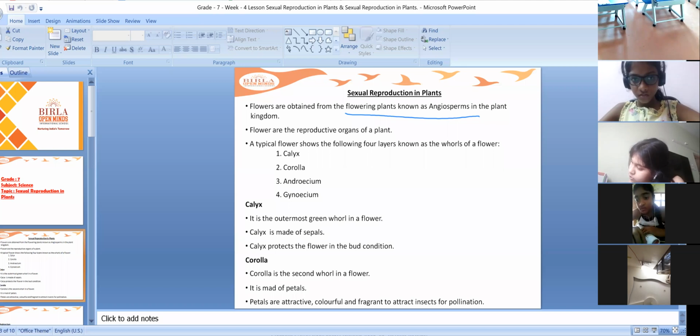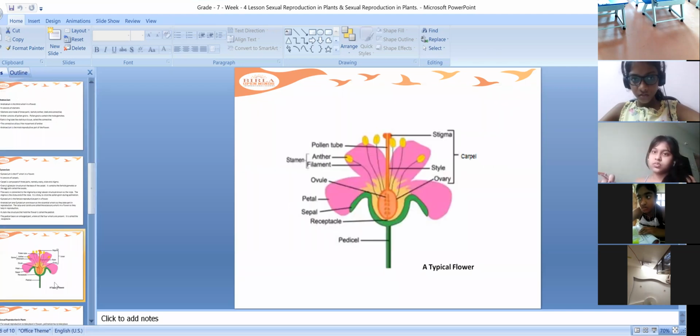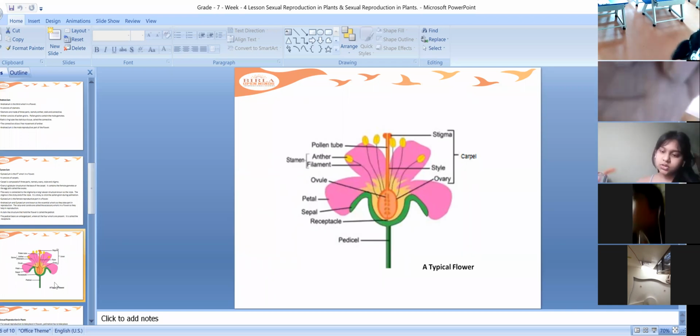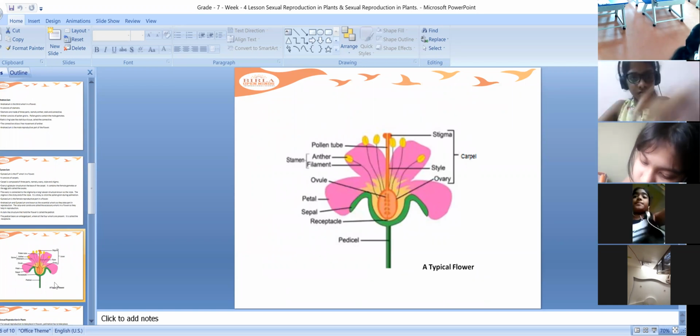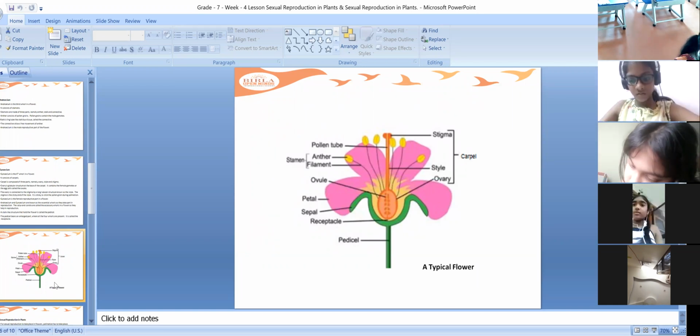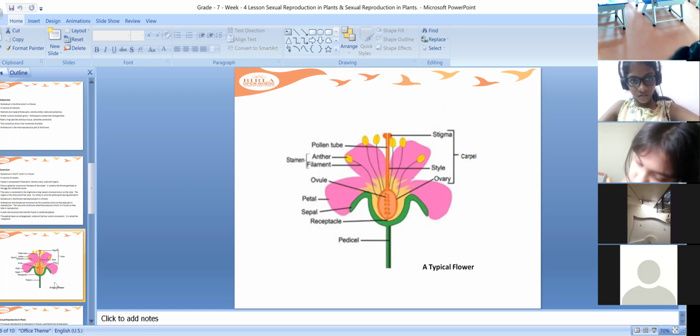I'll show you the picture of the flower. You can see the picture of the flower in your book also.